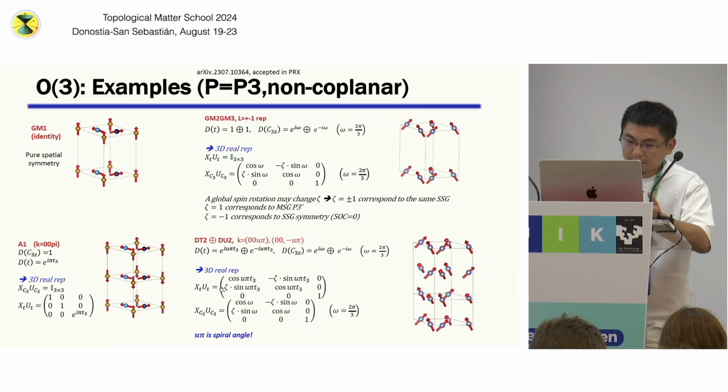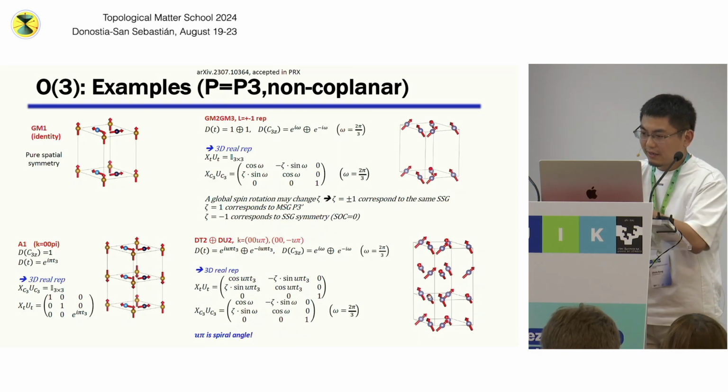But the translation part is very interesting. When we apply a translation to the magnetic structure, we also need to rotate the moments by some angle. And this angle, u pi T, is defined by the momentum of this representation. It might be worth emphasizing that this u could be an irrational number.